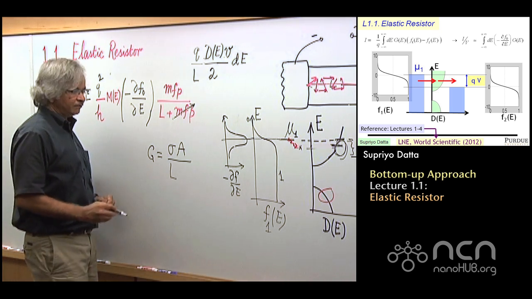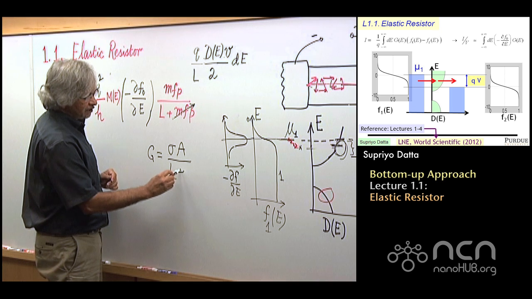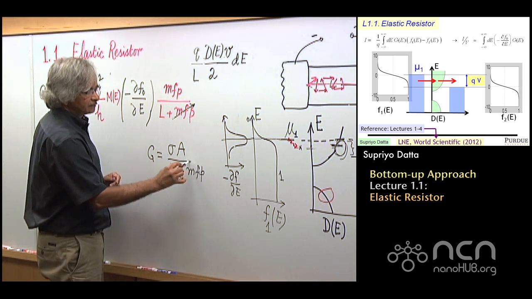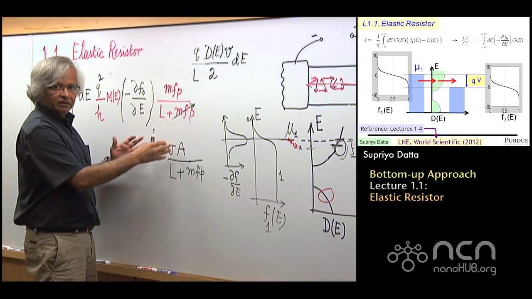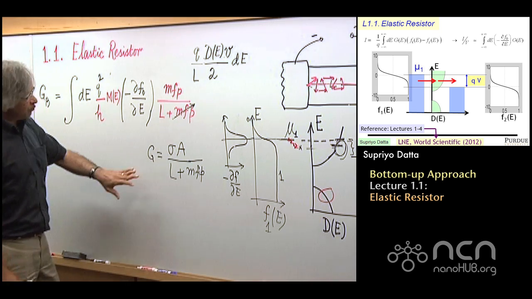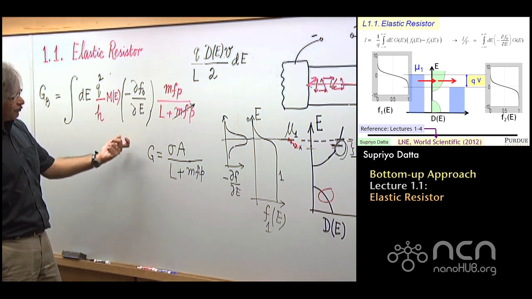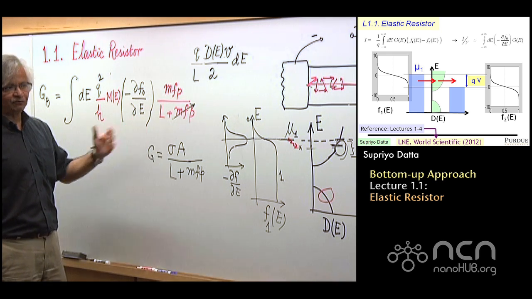It goes to some finite value, and that's because the correct expression is more like L plus the mean free path. But then, if you have a long conductor, Ohm's law holds. So from this point of view, you get a different view of what conductivity stands for.